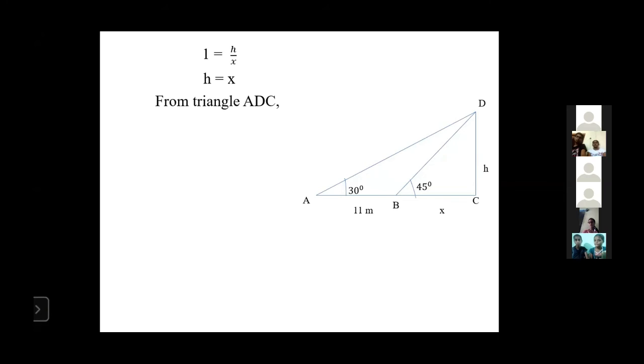Next, now we take the big triangle, that is ADC. For the angle A, again DC is the opposite and AC is the adjacent side. Here also we use tan.